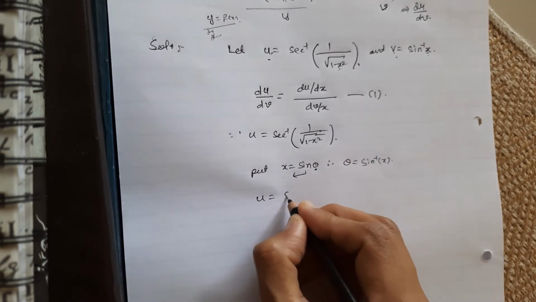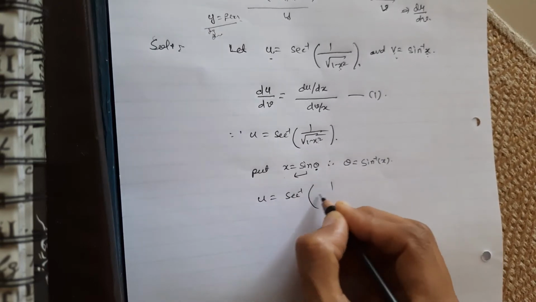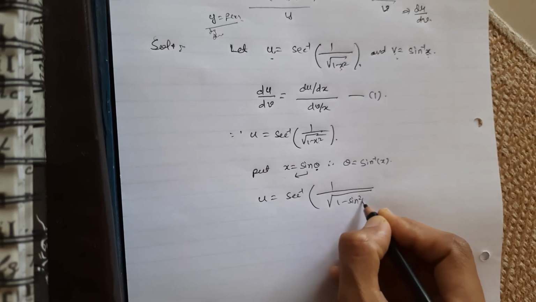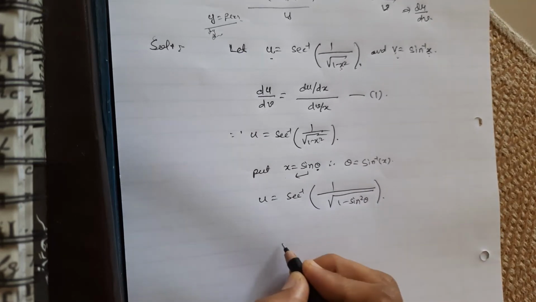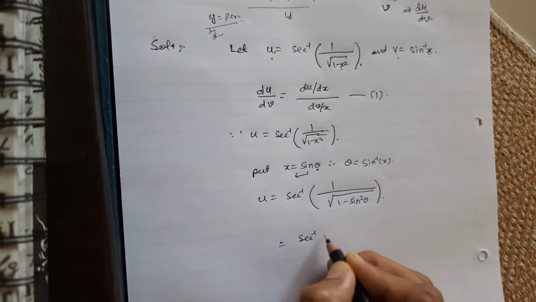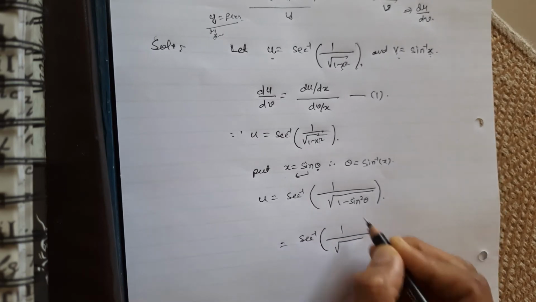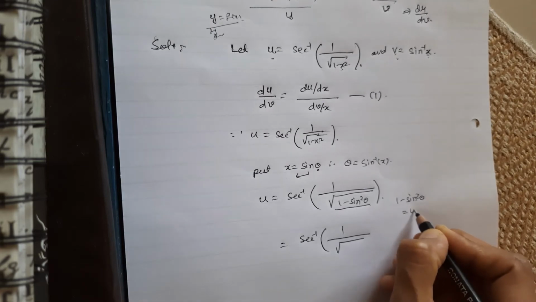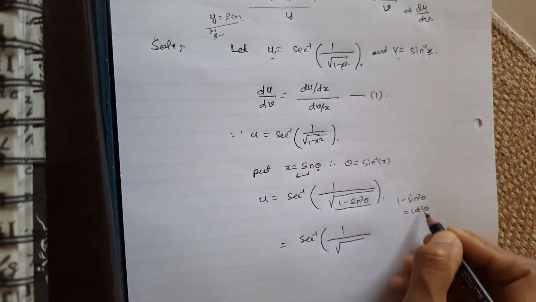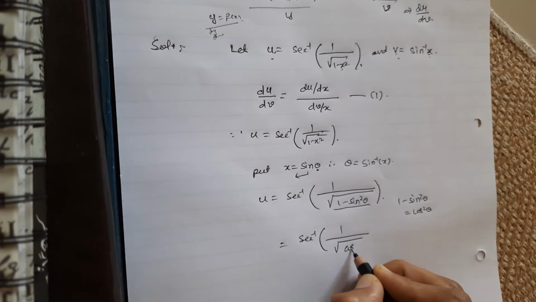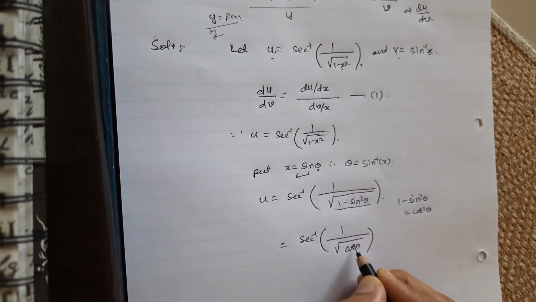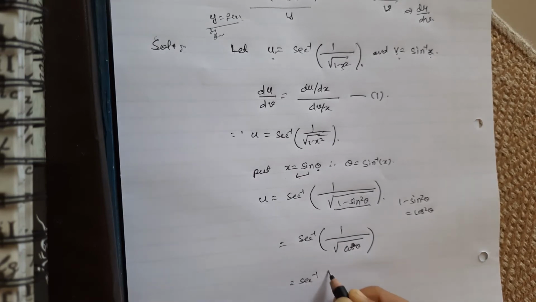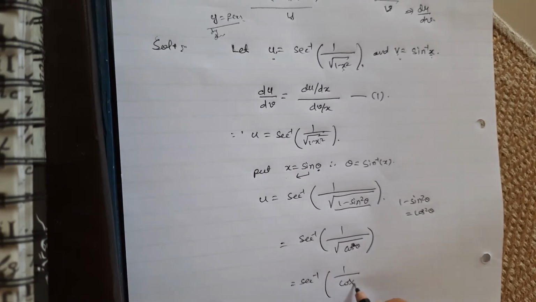Now whenever I substitute x as sine theta, what will I get? Sec inverse of 1 upon root 1 minus sine square theta. 1 minus sine square theta is nothing but cos square theta, from the identity we know that. Now take the square root of the square, so this gets cancelled, so 1 upon cos theta.